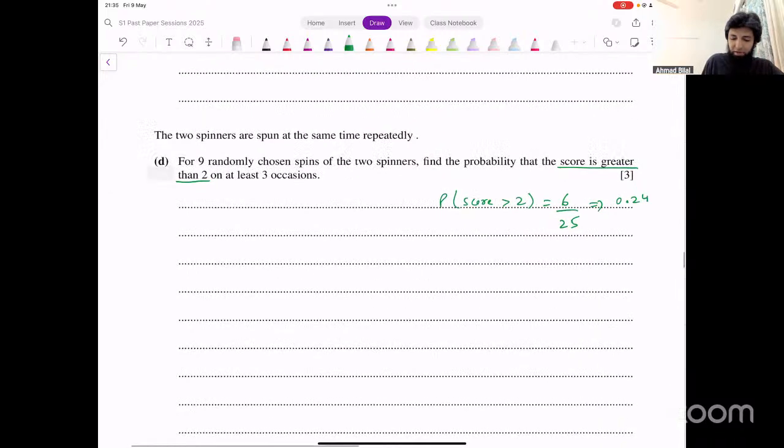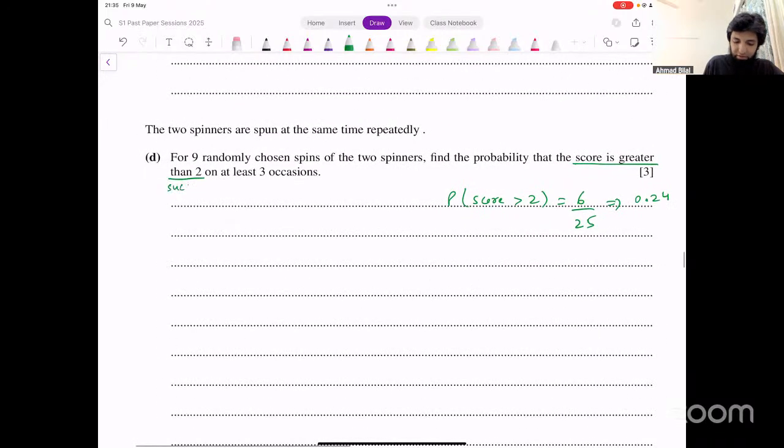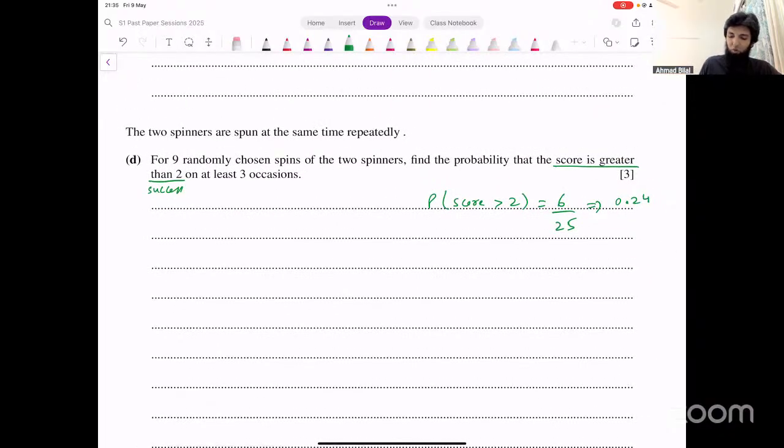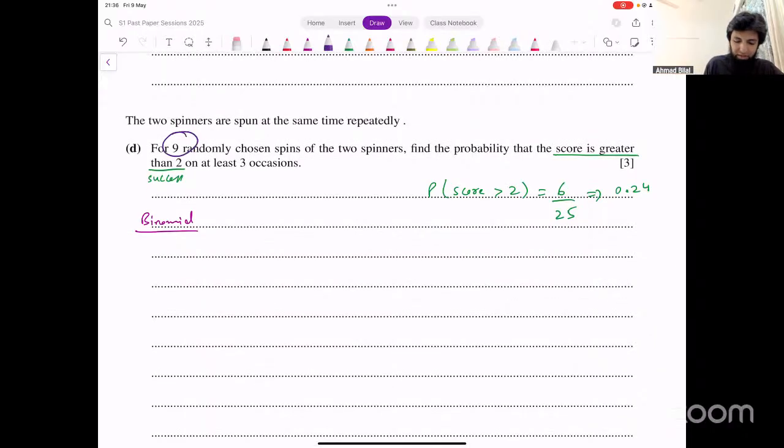So that would be our criteria for success, right? That on one attempt, the score is greater than 2. That's our success criteria. So now we can think of it as a binomial distribution. We're talking about number of successes, that we have at least 3 successes. We're doing something repeatedly, and we're talking about getting probability of a certain number of successes. The total number is given.